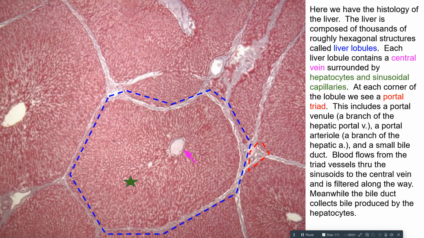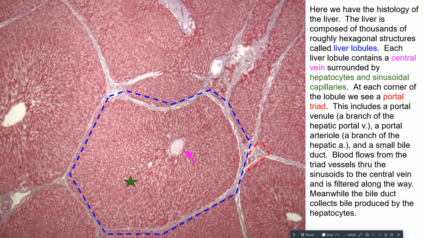Then at the corner of each lobule, at each corner in fact, although not always perfectly visible, I have what's called a portal triad. This is going to include a portal venule, which is a branch of the hepatic portal vein. It's going to include a portal arteriole, which is a branch of the hepatic artery, and it's going to include a bile duct.